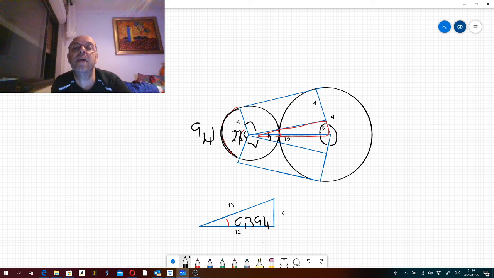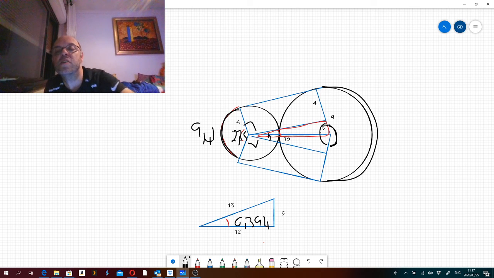They're just the opposite of the ones we had for the small circle. So we now need this side angle if we want to work out this arc length, and that one will just be that 3.9 that we had before. So we're going to times that by 9, and that will give us the arc length.